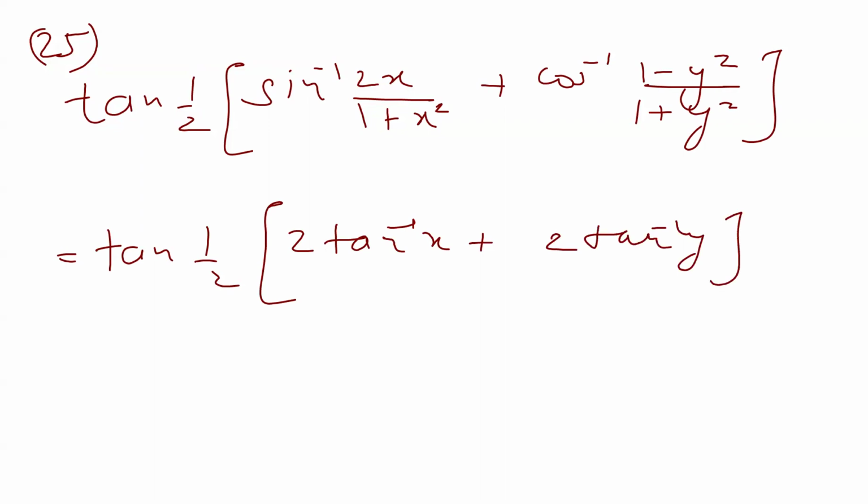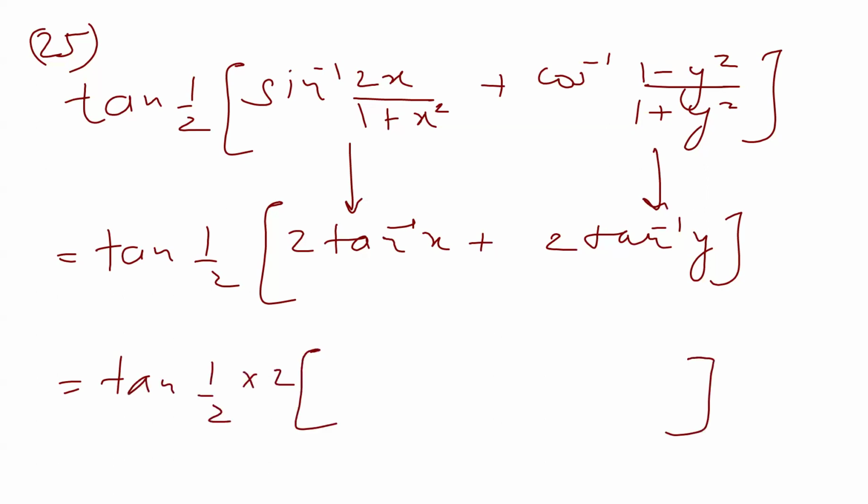These are proper formulae. We are not applying any random thing over here. Take 2 common outside the bracket. Then we are left with tan inverse of x plus tan inverse of y.